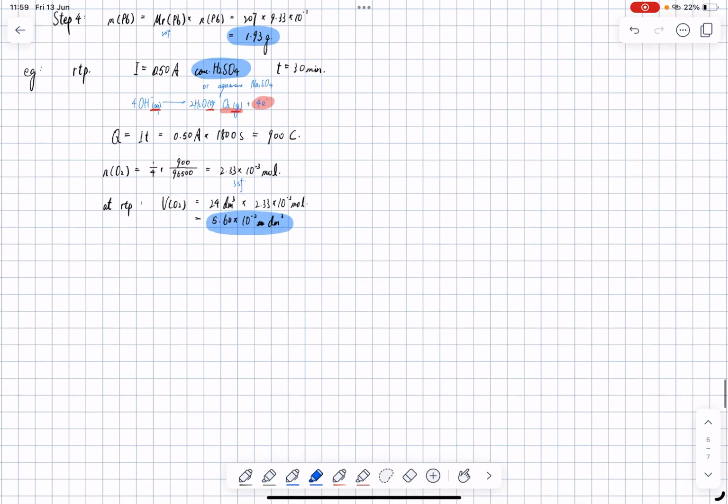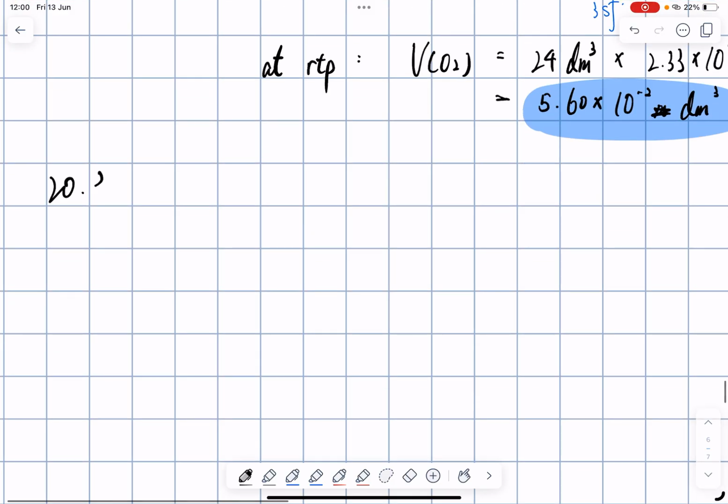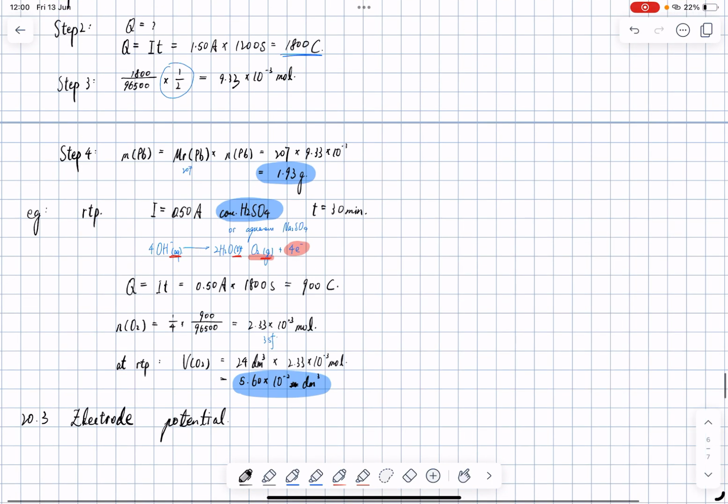Now we are turning to section 20.3. We're going to talk about electrode potentials here. Maybe you ask, how can we ensure this reaction will happen, or in which direction it will happen?